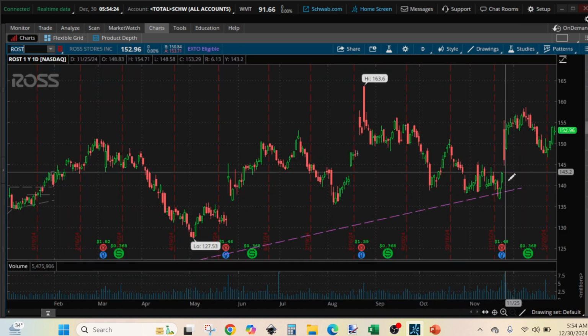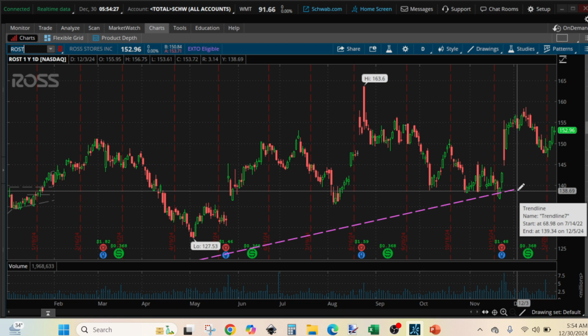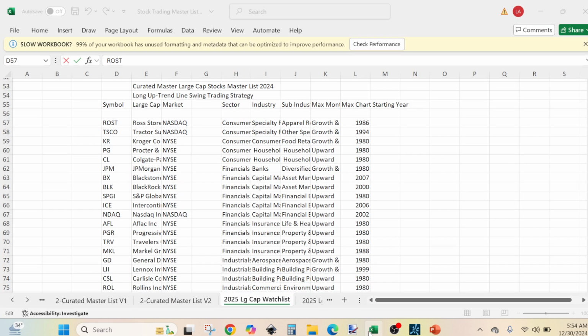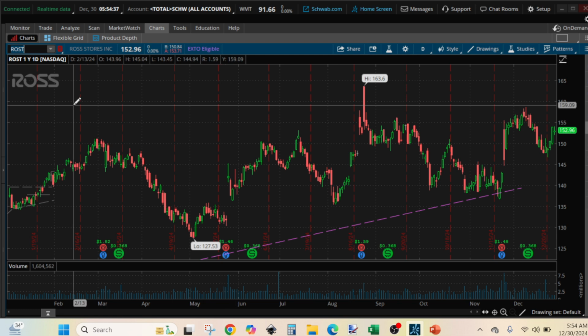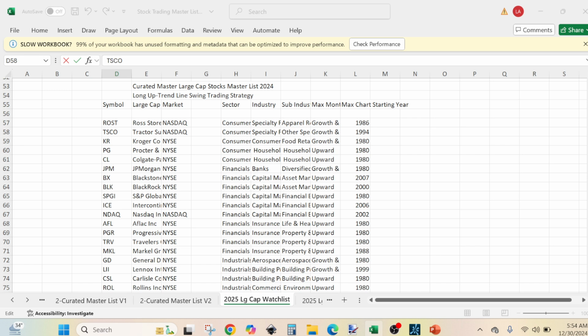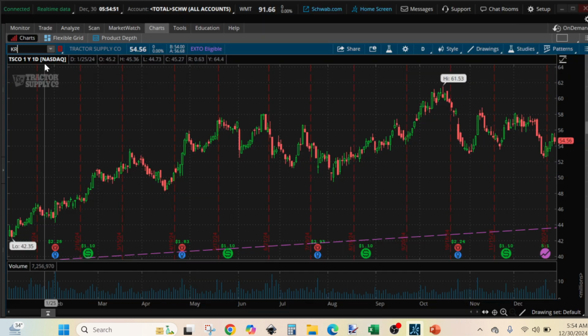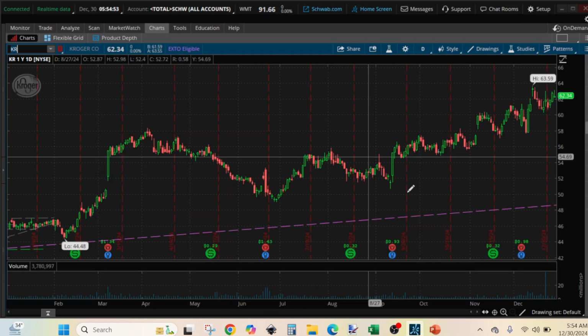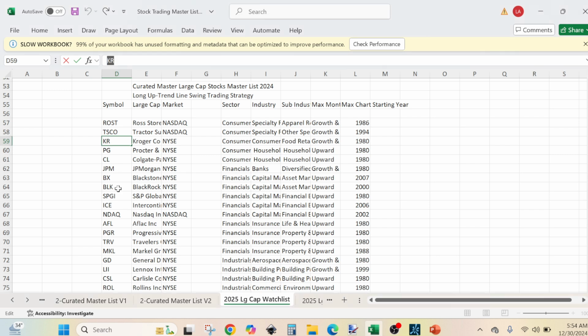Okay, it's nowhere near the line we like to buy at. Let's go to the next one. Okay, nowhere near. KR is away from the trend line we like to enter.